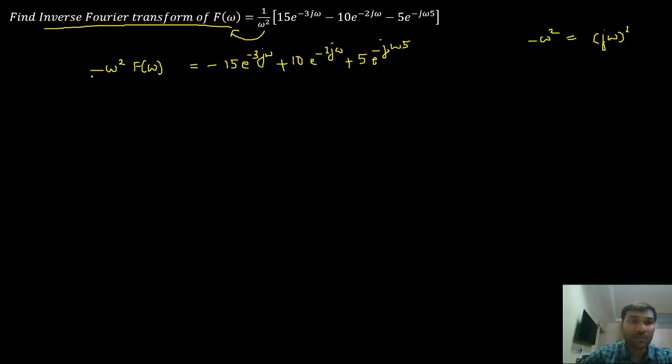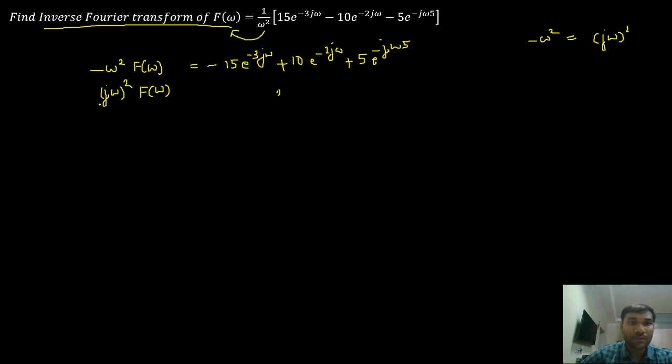So instead of minus omega square, I can write (j omega) square into F of omega. On the right hand side, I'll have the same thing.